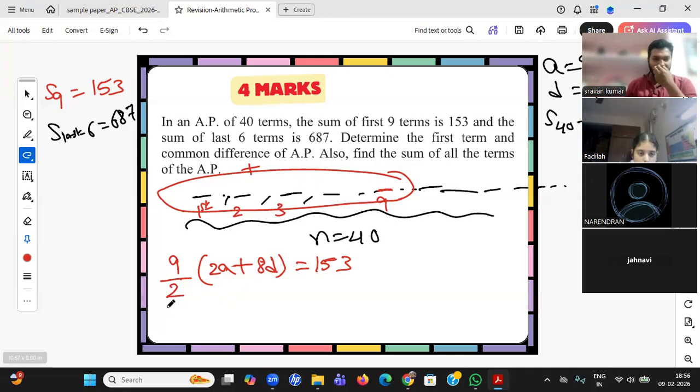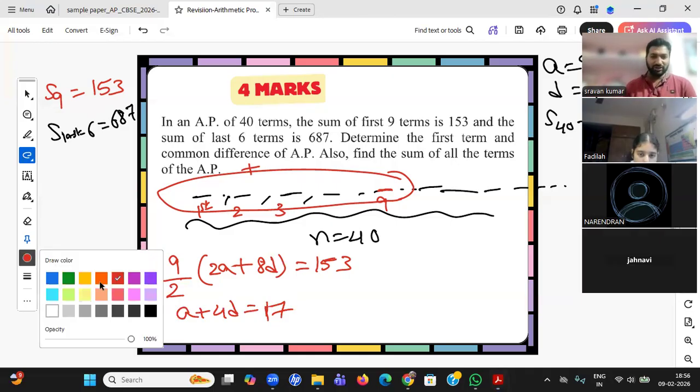Basic formula applied, so this will be a plus 4d equal to 153 by 9, which is 17. One equation I got, student.